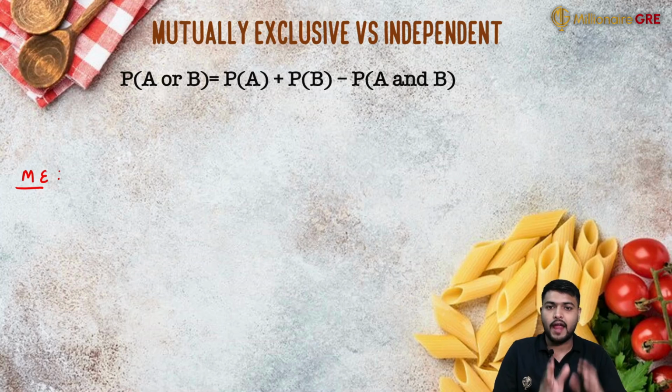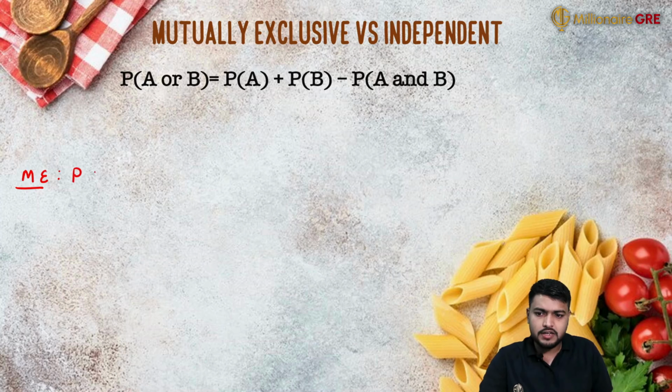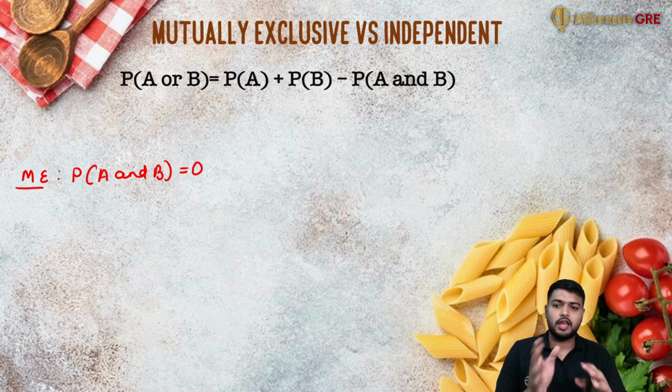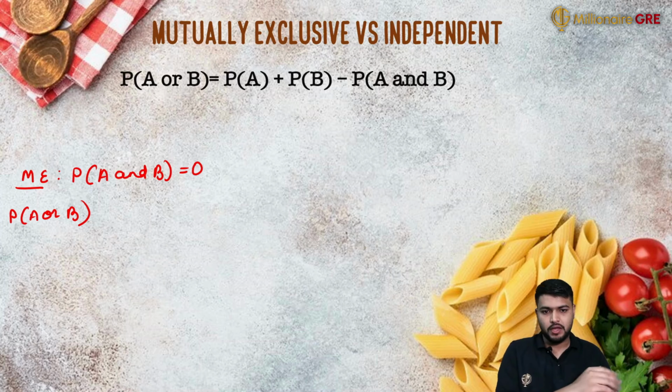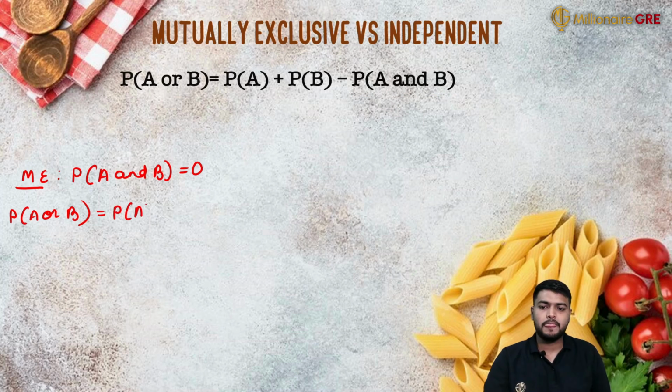If events are mutually exclusive, then P of A and B is 0 because they cannot happen at the same time. In that case, P of A or B becomes P of A plus P of B because this term is 0.